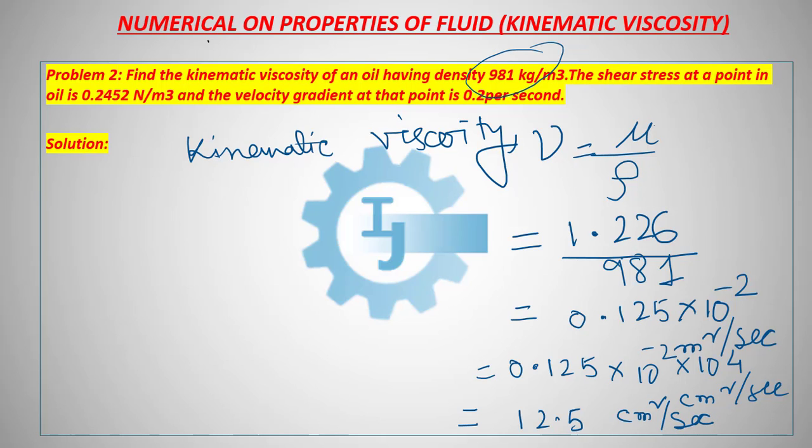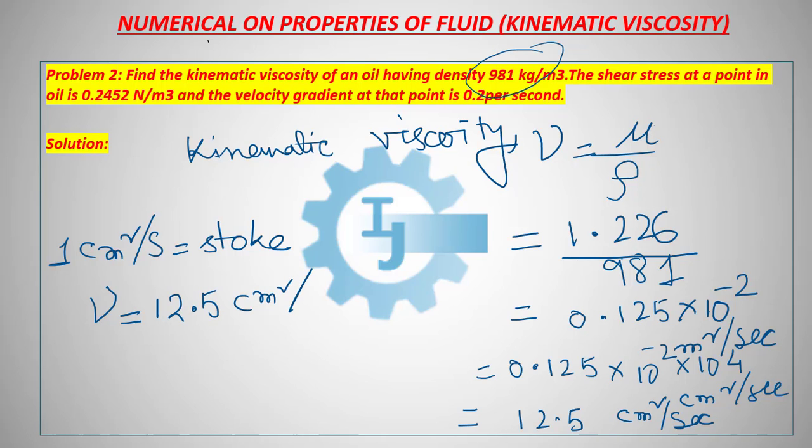We know 1 centimeter square per second equals 1 stoke. So the value of nu, that is kinematic viscosity, is 12.5 centimeter square per second, or we can write the value of nu is 12.5 stoke. So this will be our answer.